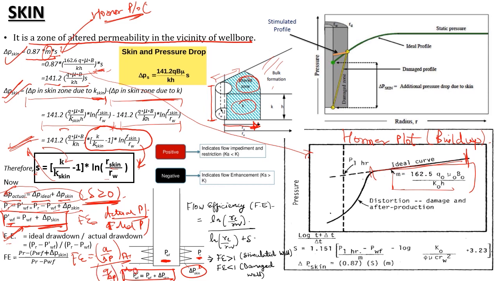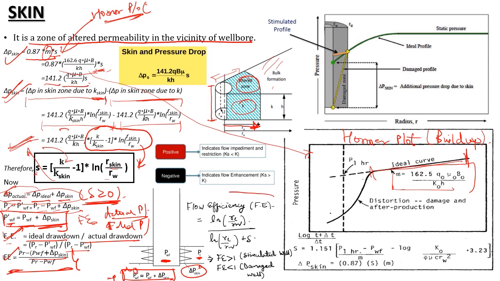On doing that, I will get my flow efficiency as ideal drawdown divided by actual drawdown, which is PR minus PWF dash upon PR minus PWF. This is my final representation where I have replaced PWF dash with PWF plus delta P skin. This is my final expression for flow efficiency.